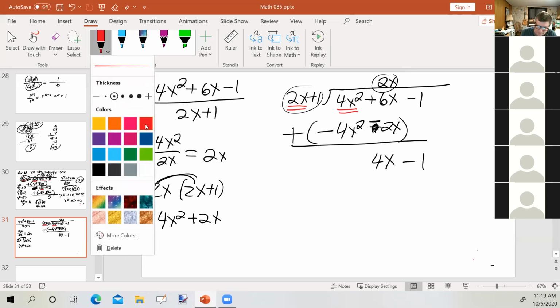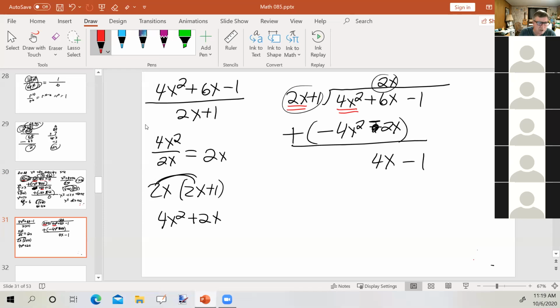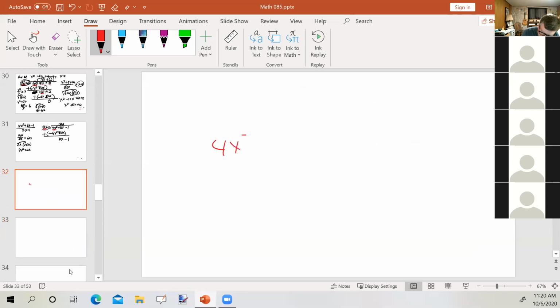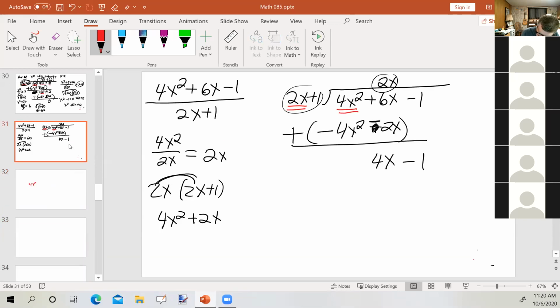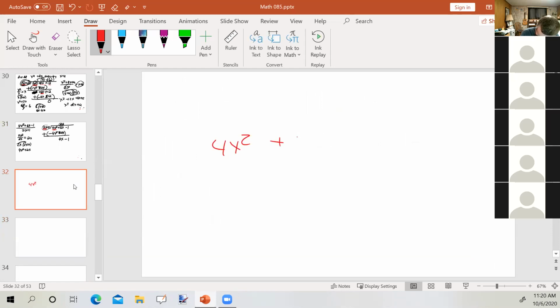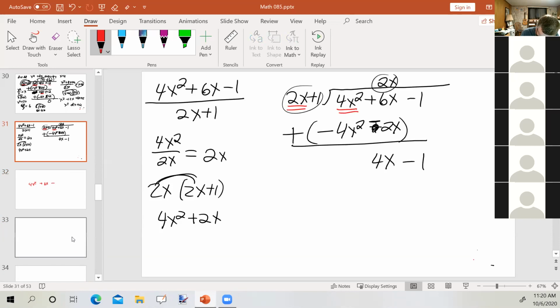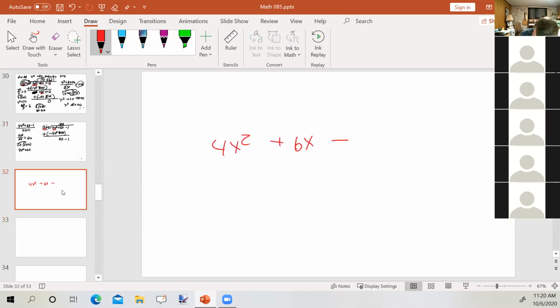Why do we have to change it to addition? I'm changing it to addition of the opposite because otherwise, if you leave it as subtraction, things get kind of complicated if you're subtracting a negative or subtracting a positive. Think back, let's say we had this. 4x squared plus 6x minus 4x squared plus 2x.